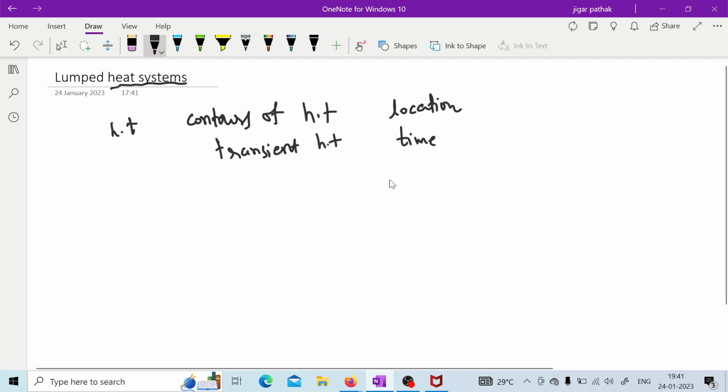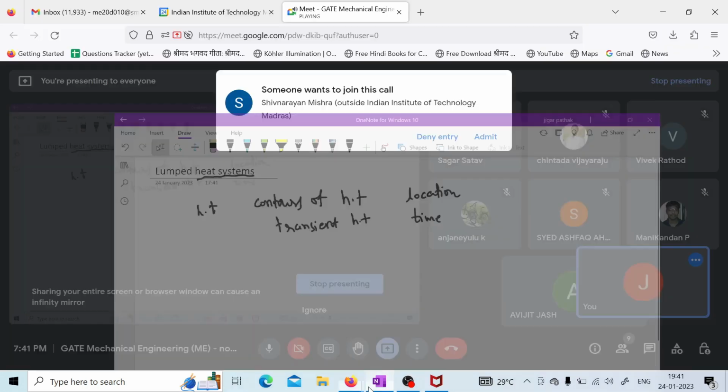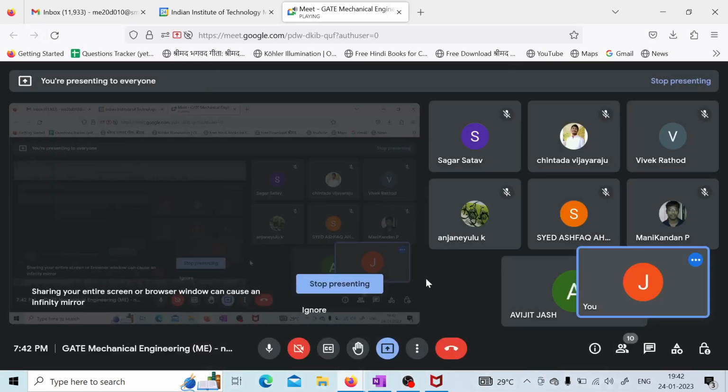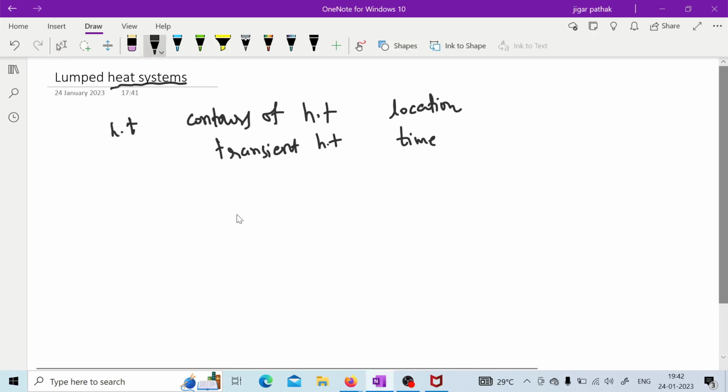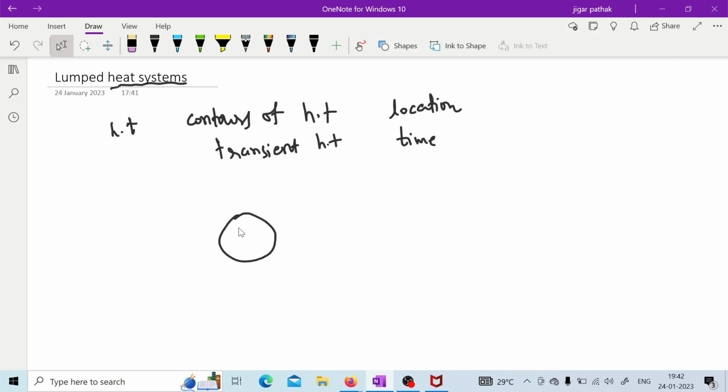So what happens is, in some examples you can have the same temperature throughout the body of your object. Suppose you consider a particular ball, let us say, made up of a material having conductivity K1. If you take it out from a microwave oven, then it will be at a certain temperature.